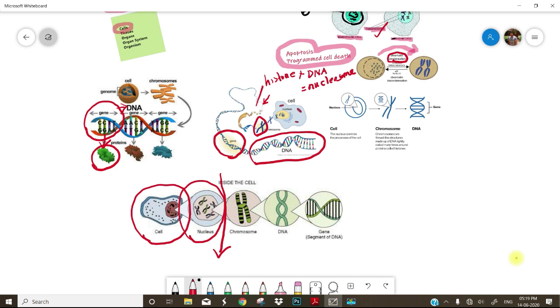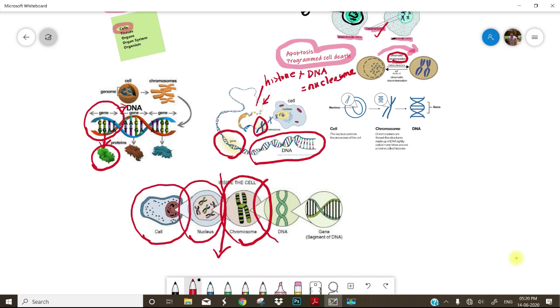It is not shown here. And then we learned about the chromosome, the more condensed form of chromatin arranged in nucleosome structure seen in the metaphase stage of a cell.